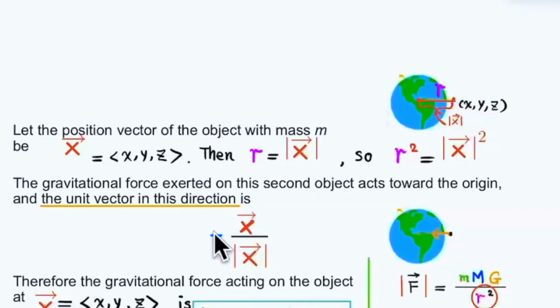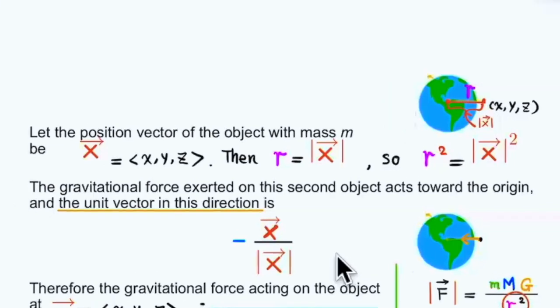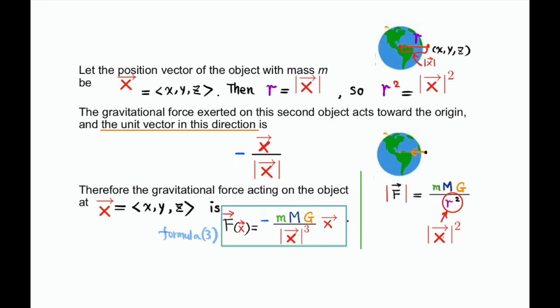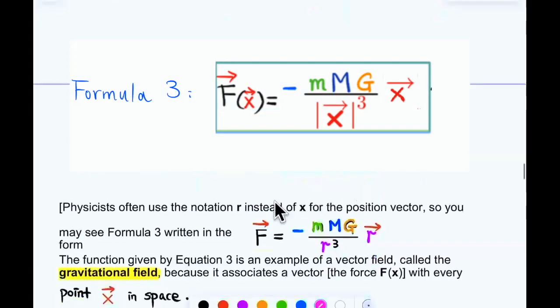And why is it negative? I think it's because it's pointing this way to the center of the Earth, so it has a negative sign here, because of gravity. Therefore, the gravitational force acting on the object at this position vector x is given by this formula 3. And physics often uses this notation r instead of this x over here. Replace that, so we have this formula.